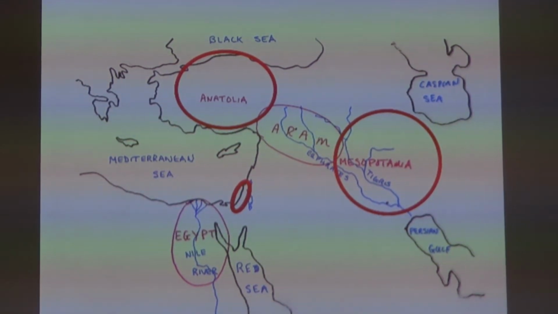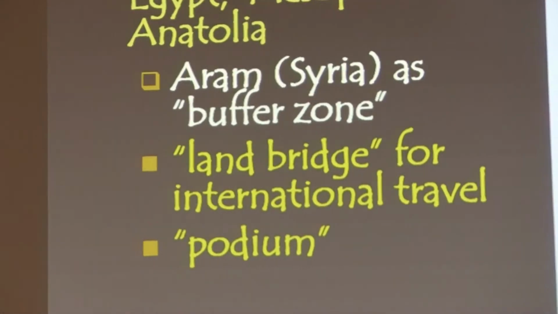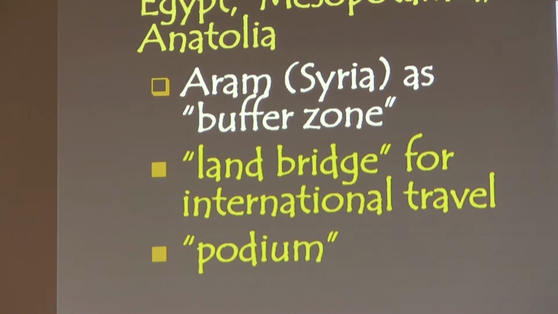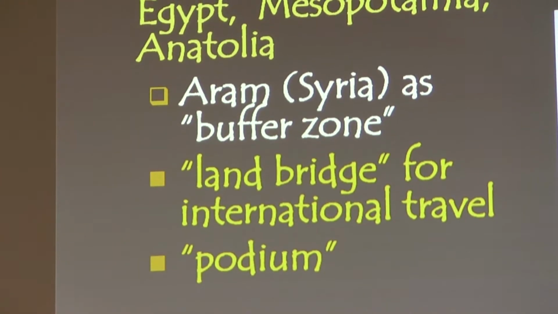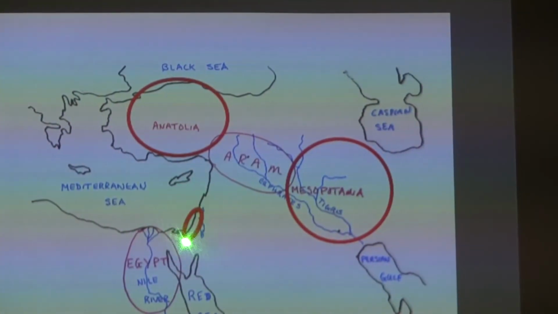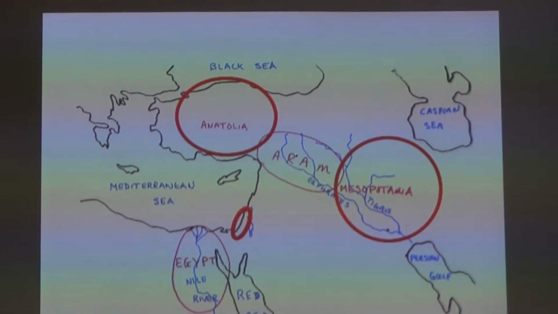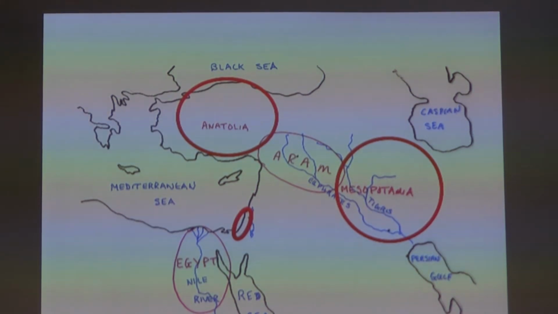That will be important. In that capacity, it becomes a podium. It becomes a podium for all kinds of messages to go out to these various regions. What's really interesting about this, of course, is that God intended this when he said to Abraham, be a blessing, Genesis 12.